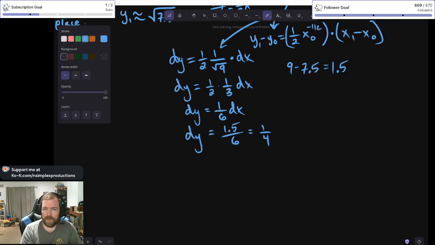So dy is equal to 1/4, which is telling us that if we're going from an x value of 9 down to... No, hang on. If we're going from a starting value of 7.5 up to 9, then our dy is going to start from the known value of 3 and then go up 1/4.